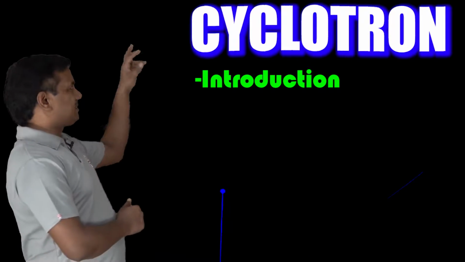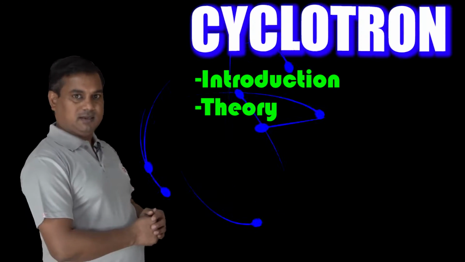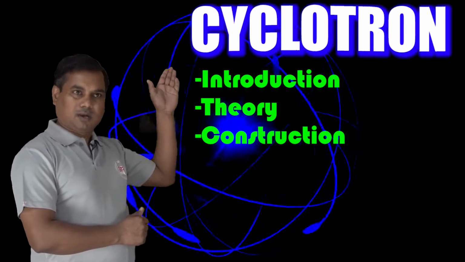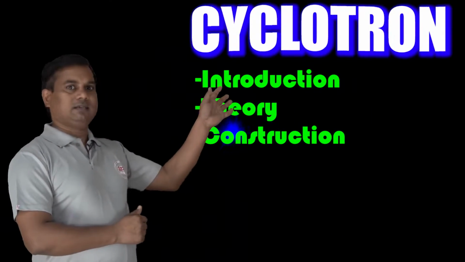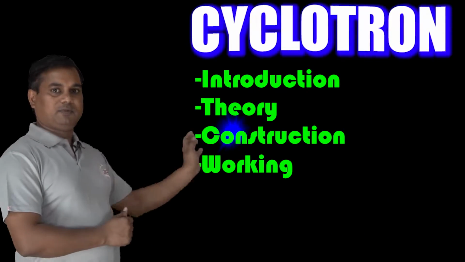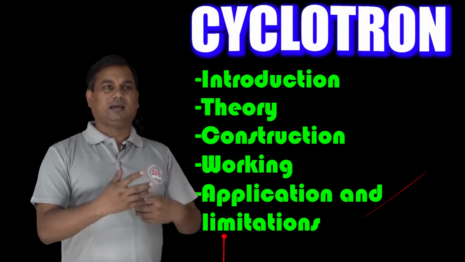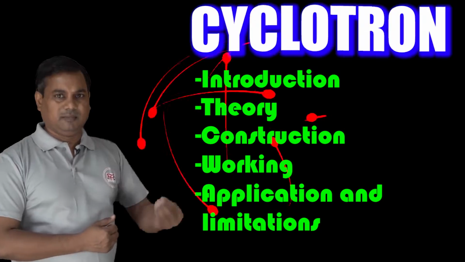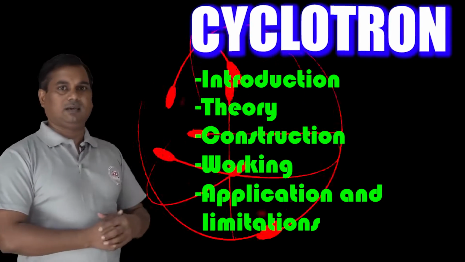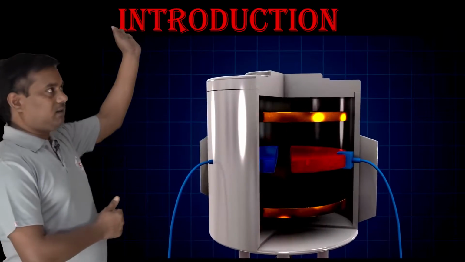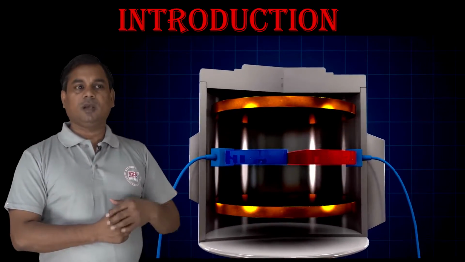The first one is its introduction, the second one is its theory, the third one is its construction, the fourth one is its working, and the fifth one is its application, and also some limitations. So let us start with the introduction.